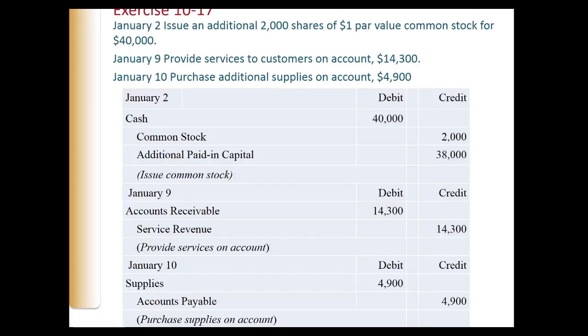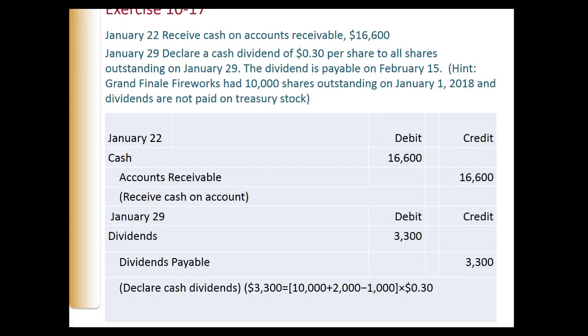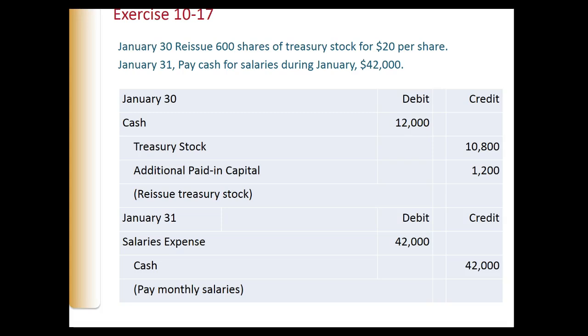Then from there, we have a debit to cash of $40,000 on January 2nd. We have a credit to cash of $18,000 on January 12th. A credit to cash on January 15th for $16,500. A debit to cash on January 21st for $49,100. A debit to cash on January 22nd for $16,600.